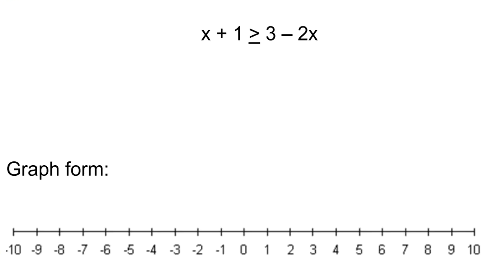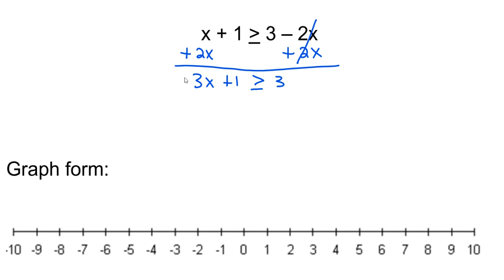All right, here's another inequality. Let's solve this inequality. Again, I'm going to go for getting my x's on the left-hand side of the inequality. So I'm going to add 2x to both sides of the inequality. That gives me 3x plus 1 is greater than or equal to 3.